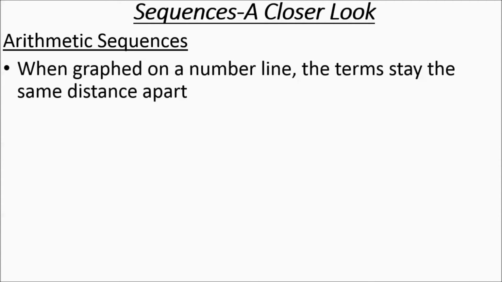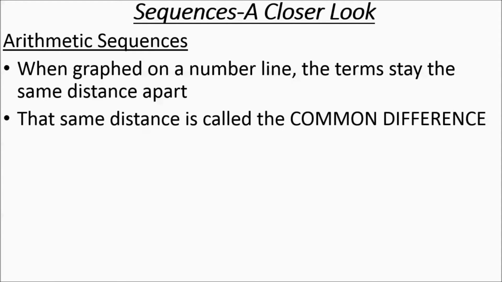So now what we're going to do is give some visuals with these different types of sequences. With arithmetic sequences, if you graph all the different numbers on a number line, the terms are going to stay the same distance apart. They'll always have the same amount of spaces in between them. And you just count those spaces, and that's the common difference. That same difference is called the common difference.